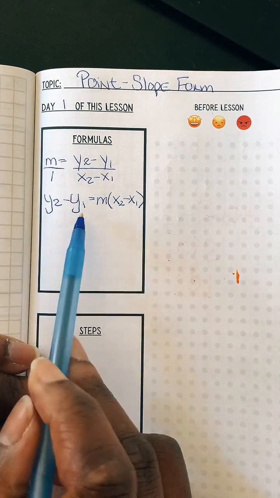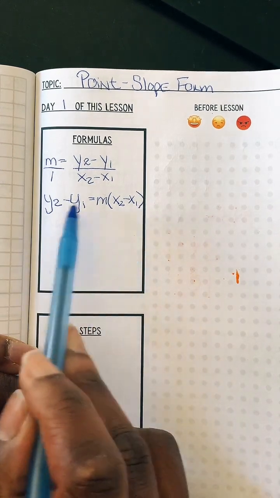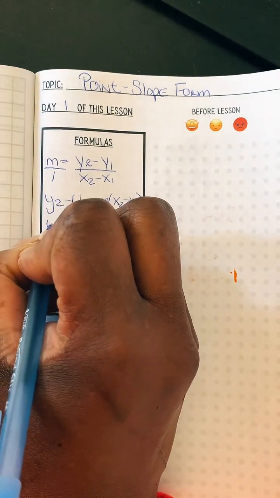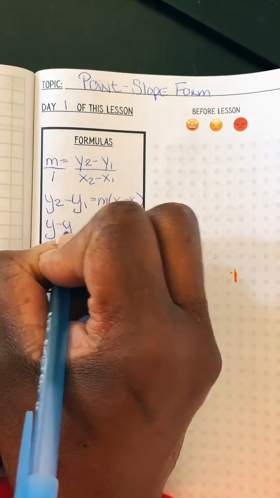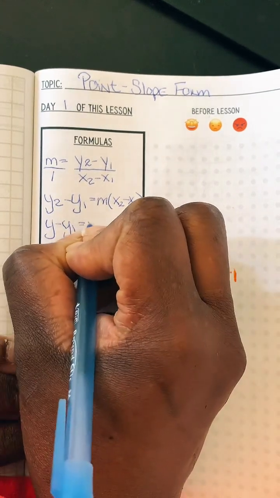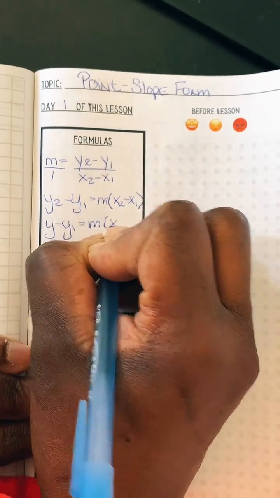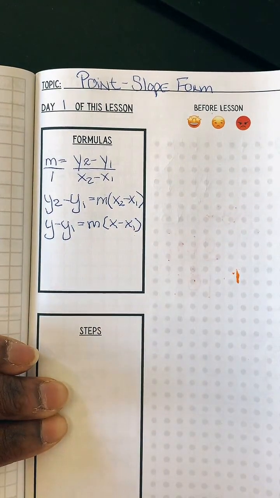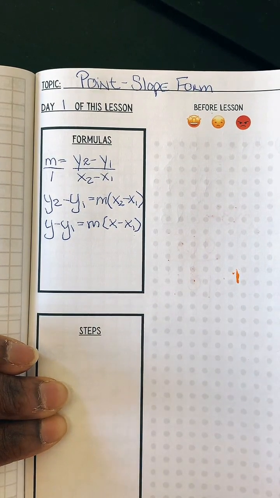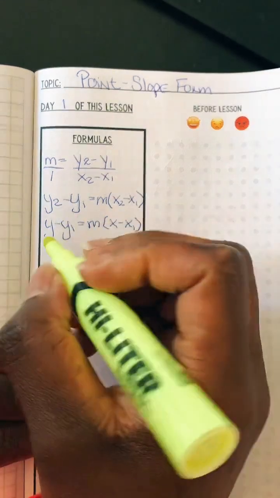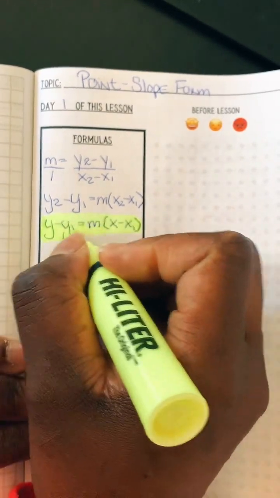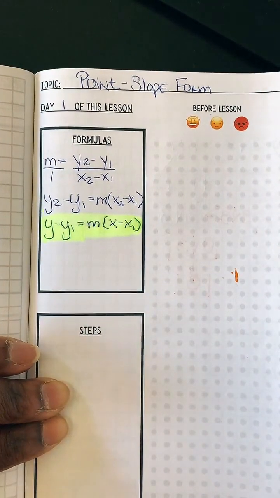But the only thing is we only need 1 point. So anything that has those 2's, we don't need. So we got y minus y sub 1 equals m times x minus x sub 1. And that is the formula for point slope. That's how it came about. All it is, is the formula for slope cross multiplied. I swear, that's it. So I bet you no one has even told you that is what the equation is.